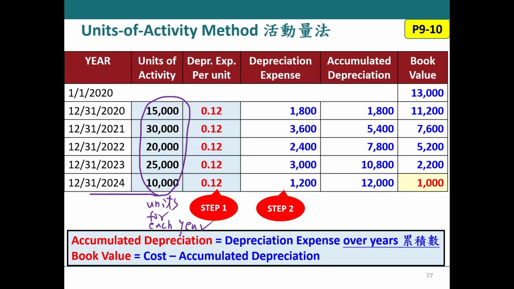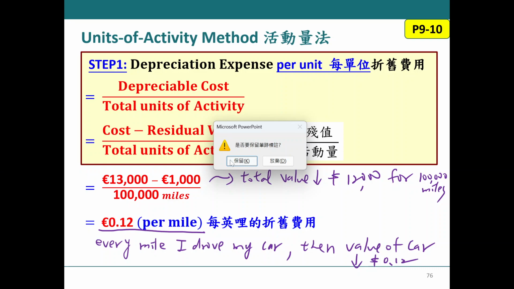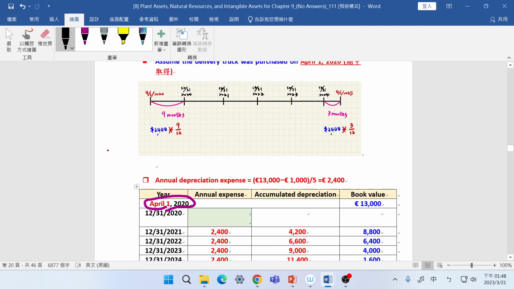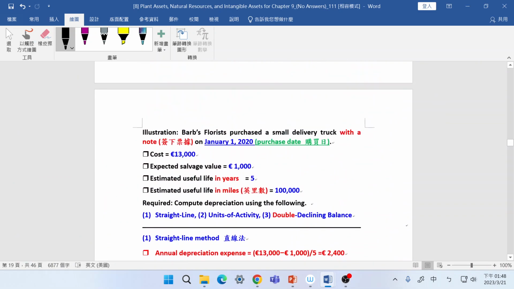Okay, so please finish. Go to your page 21. Please finish page 21, based on the second method, unit of activity method. Same question. You can look at the question on page 19.